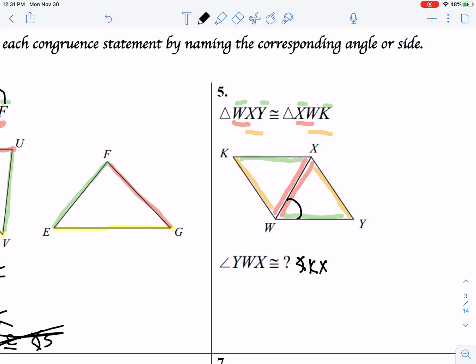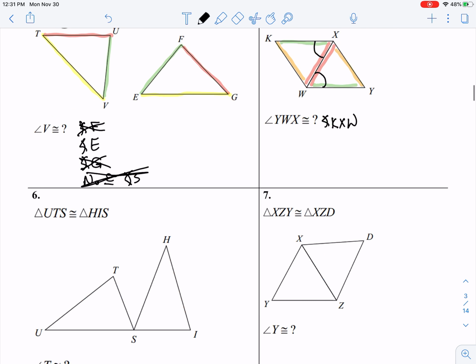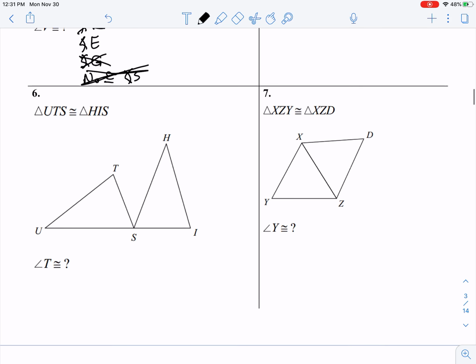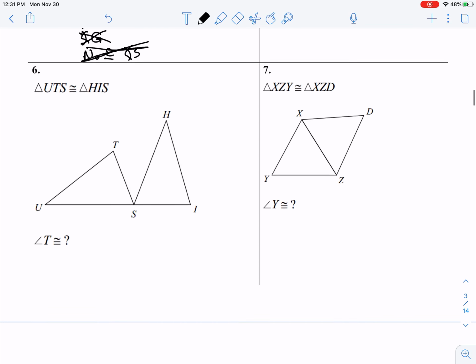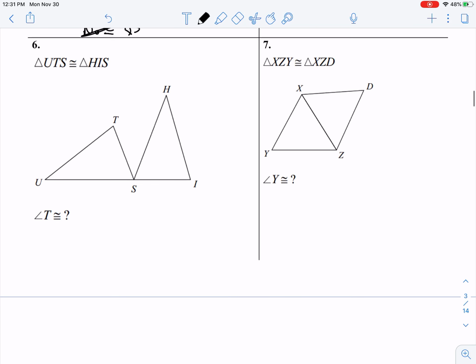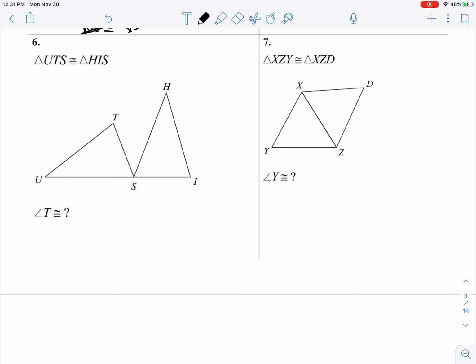And then W. Okay. So K to X to W is this angle. And if you look, you'll see it touches the red line and the green line that I traced around. So as you can see here in number 6, they touch at a point. Okay, so this is going to tell you something about the angles.